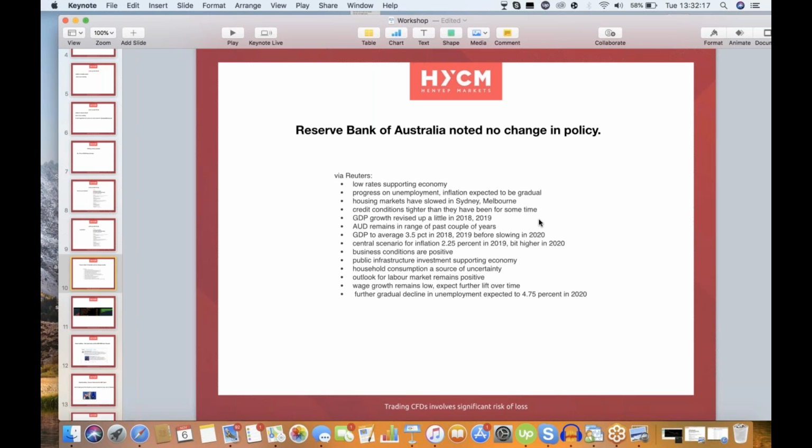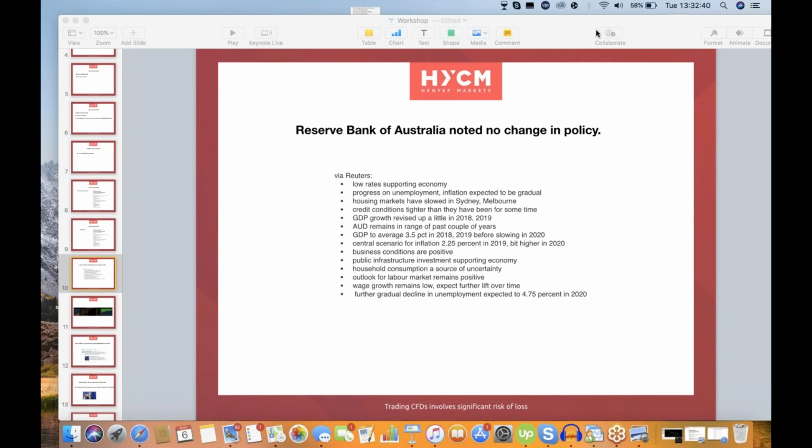So commodity currencies, Australian dollar, New Zealand dollar, that's what you're going to tend to see bought, and then you're going to see some of the risk off currencies being sold, so Japanese yen, Swiss franc. So just talking like that, you could suddenly see, okay, hang on, there's not much change for the Reserve Bank of Australia, but there is a bit of risk on tone coming into the market.